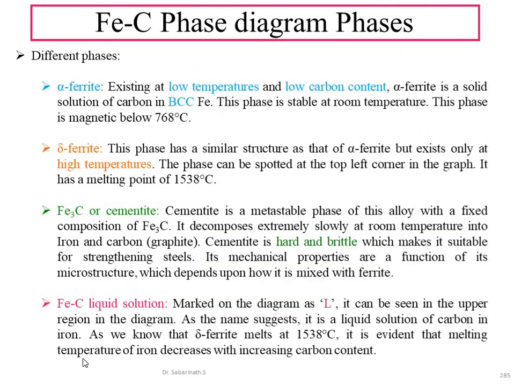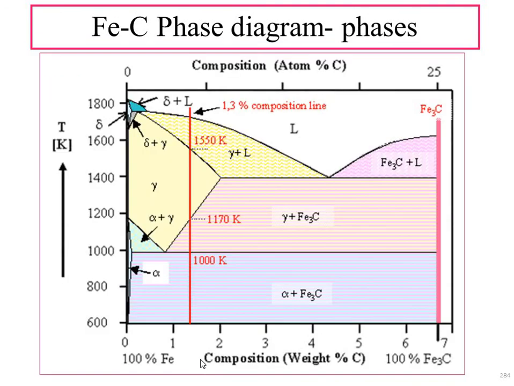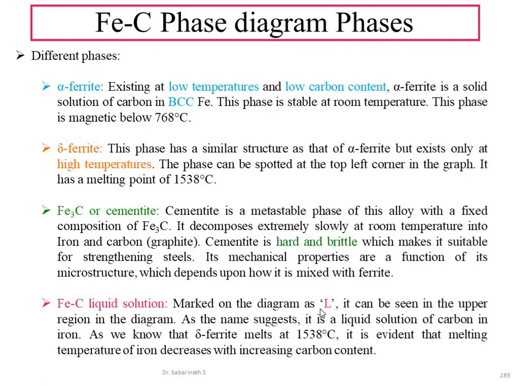It is seen in the upper region of the diagram. As the name suggests, it is a liquid solution of carbon in iron, and as we know that delta ferrite melts at 1538, it is evident that the melting temperature of iron decreases with increase of the carbon content. We can see that the melting temperature of iron is decreasing.